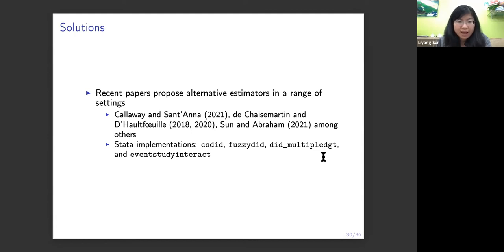And they include corresponding statistical software that can implement these estimators for different settings.